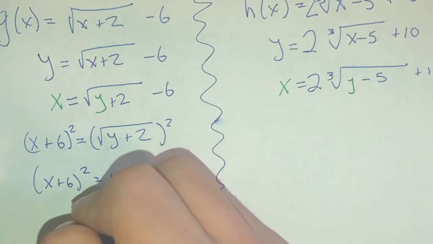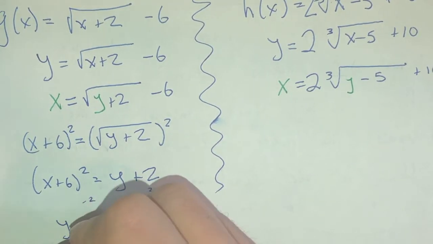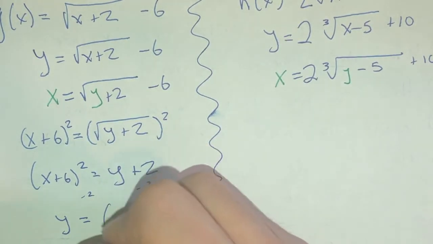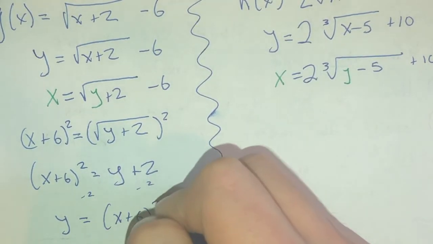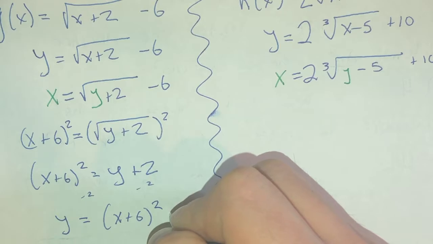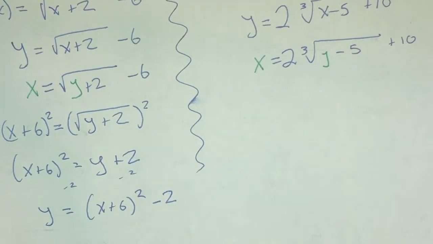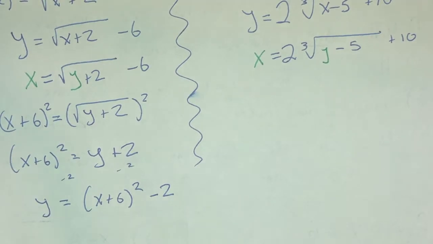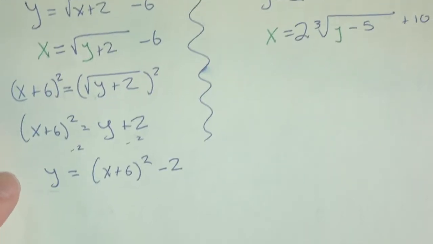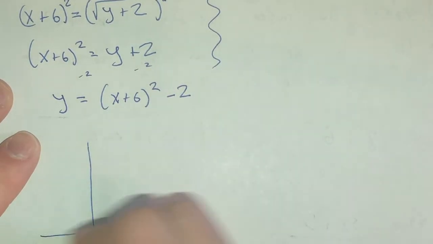And then I subtract 2 on each side, and I get y is equal to (x plus 6) squared minus 2. And this is actually a parabola, okay? This parabola has a vertex of (-6, -2), alrighty? And it faces upward. And let's see what this looks like. Let me sketch a rough graph.